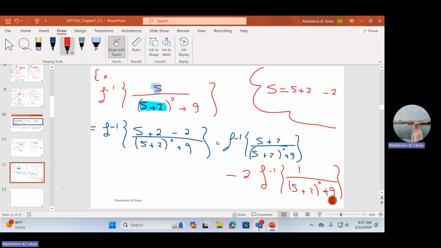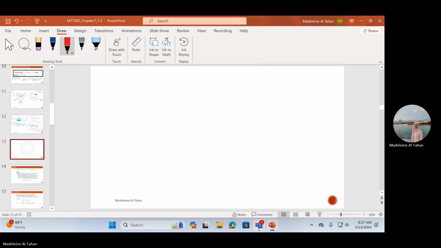Any questions till now, miss? So we need the first one and the second one. Laplace inverse of the first: (s plus 2) over ((s plus 2) squared plus 9).